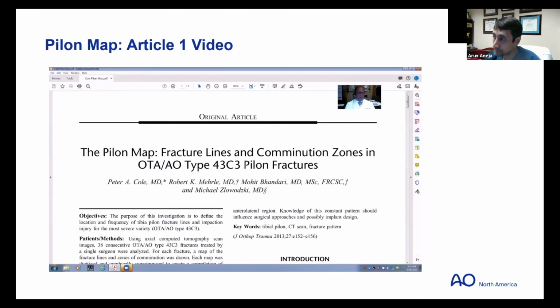The subset of patients that do better is larger if you have a stable anatomic reduction. So we shouldn't give up on the cartilage, but anything we could do from a biological standpoint to manage cartilage loss after Pilon fractures would be Nobel Prize winning work.